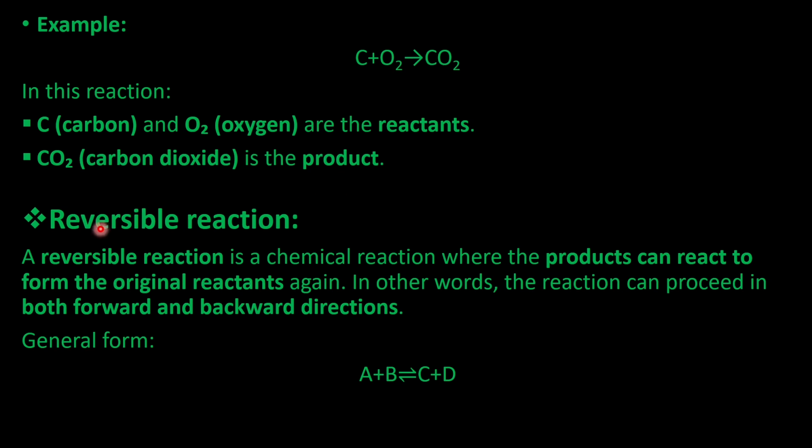Now let's define a reversible reaction. A reversible reaction is a chemical reaction where the product can react to form the original reactants again. In other words, the reaction can proceed in both forward and backward directions. So the general form is: reactants A plus B react and give C plus D, and C plus D also react back and give the reactants.